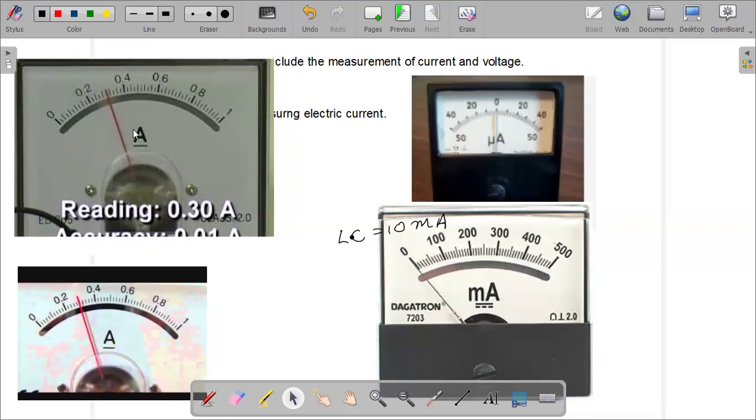In this one, how much current is measured by one division? Shubhansh? 0.2. No, check it once more. How much current will be measured by each division? I'm asking for this one, the bigger one, where its reading is marked.